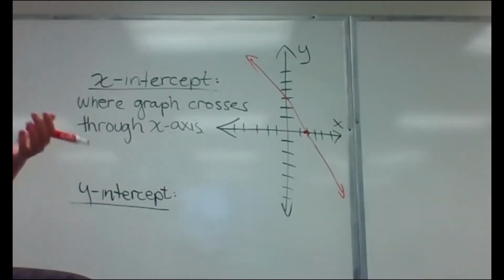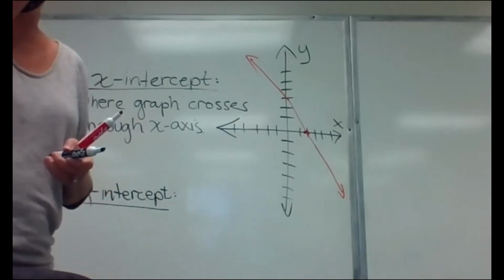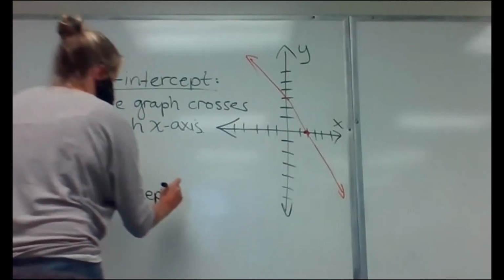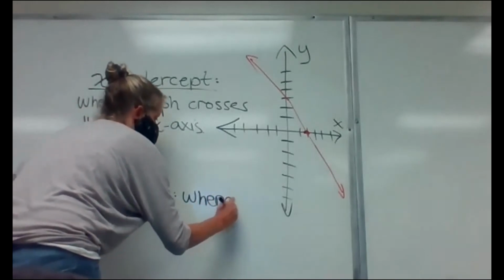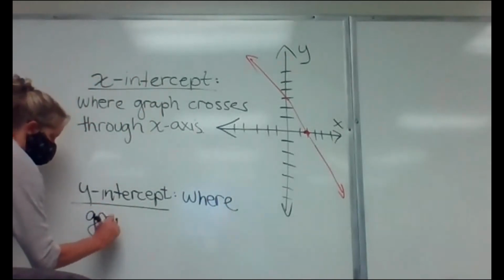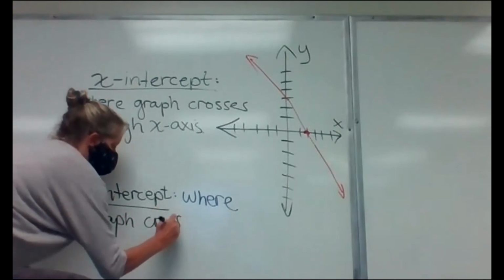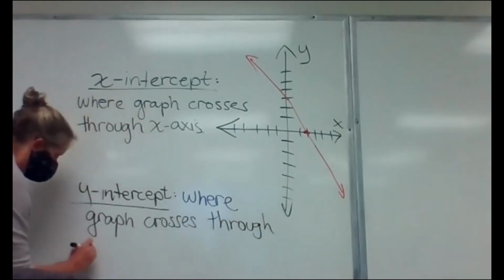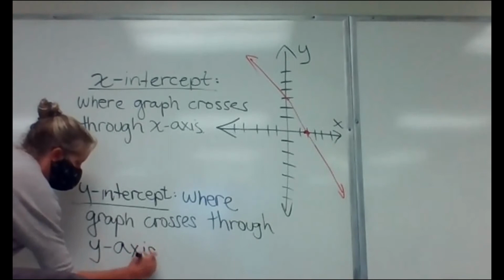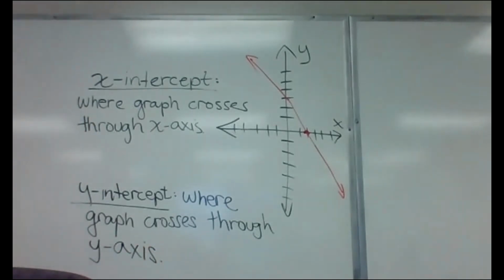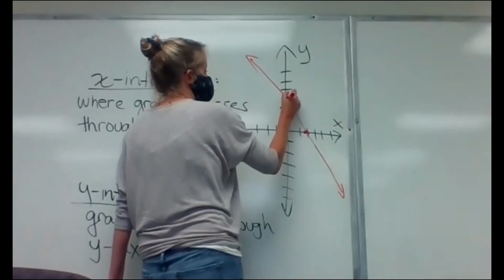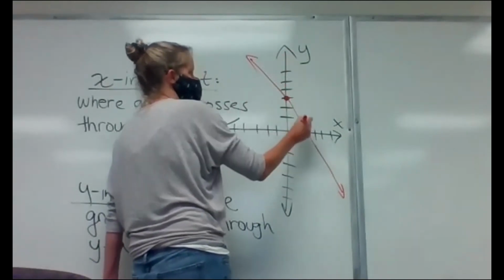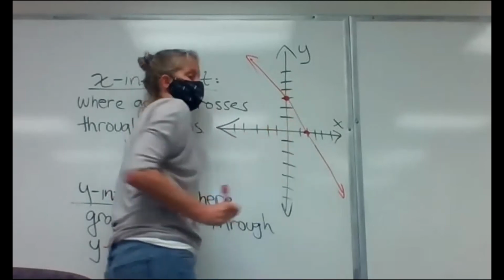It's just where the line or the graph, whatever shape it is, crosses through the Y-axis. So on this particular red line, where the line crosses through the Y-axis would be right here, right? Here's my Y-axis. There's where the red line crosses through it, at that point right there.